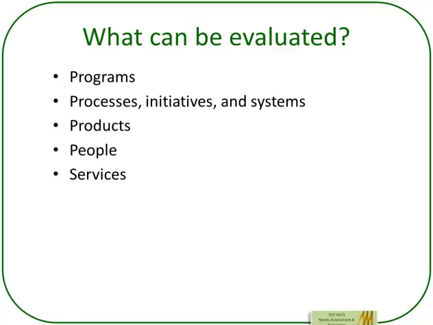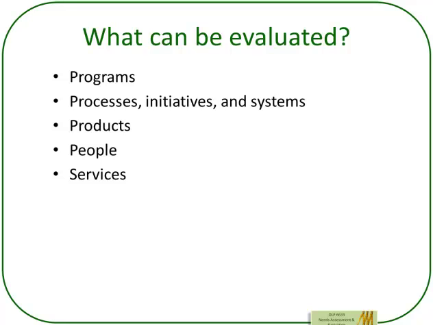So each of these programs, processes, products, people, and services have their own unique and special disciplines, subdisciplines in evaluation. So there's a lot of information about how to evaluate programs. There's a lot of information on how to specifically evaluate people.